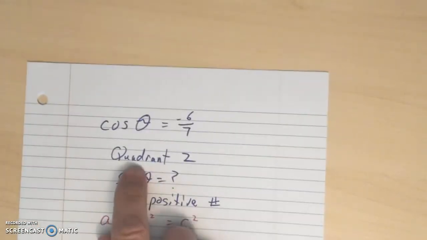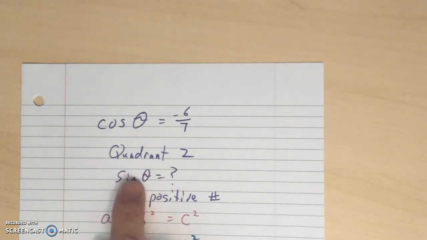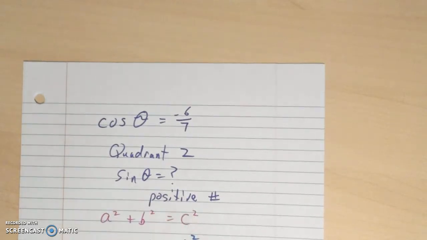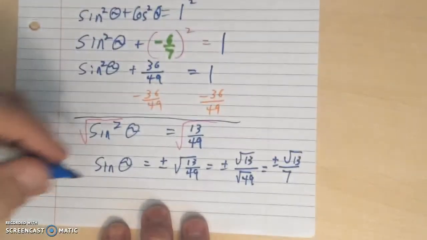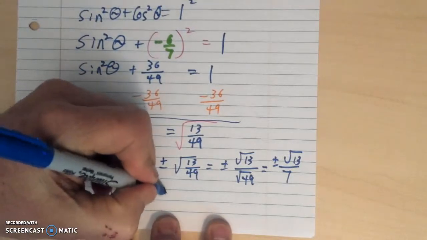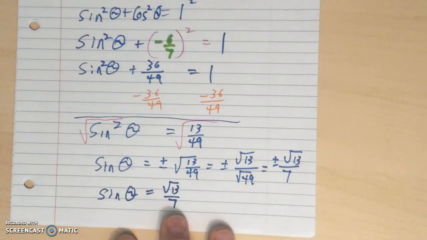But remember, we said it's in quadrant 2, and all the y coordinates in quadrant 2 are positive, and the sines are the y coordinates. So we know we need a positive number. So we know for a fact that the sine of theta equals radical 13 over 7. I'm just going to leave the positive there. I'm not even going to worry about the negative one. I know for a fact it's positive.